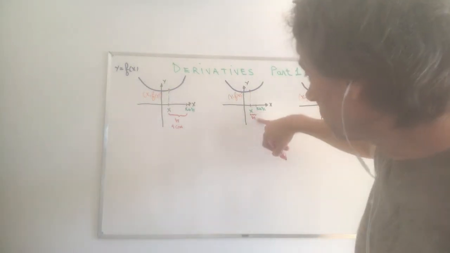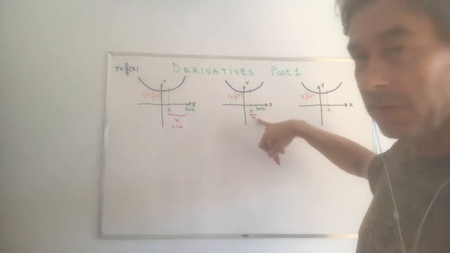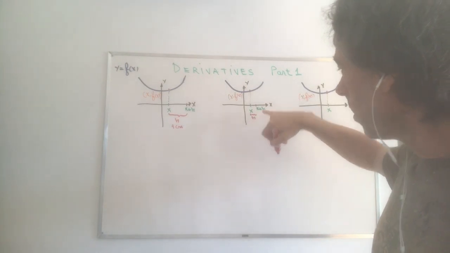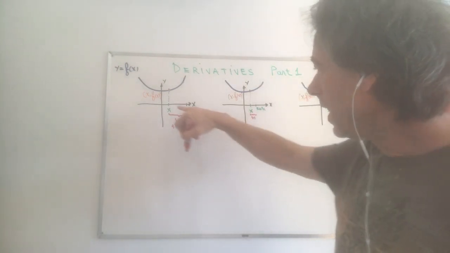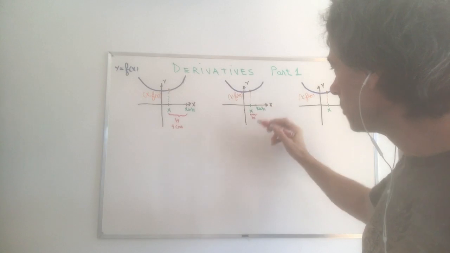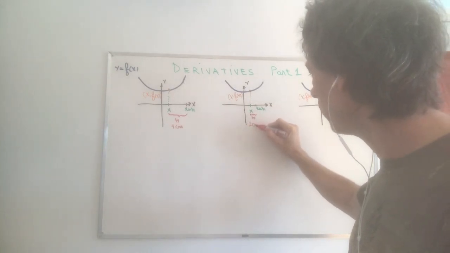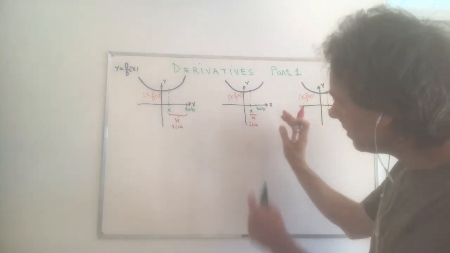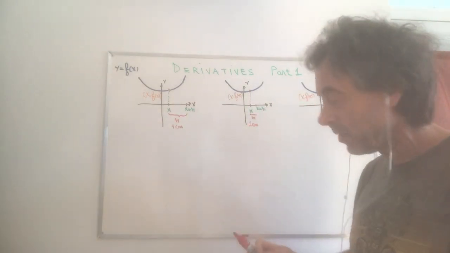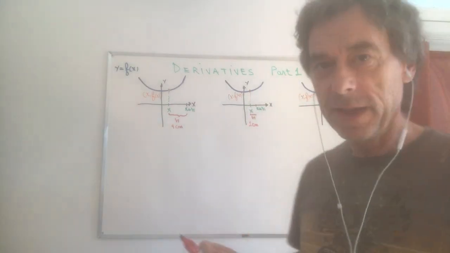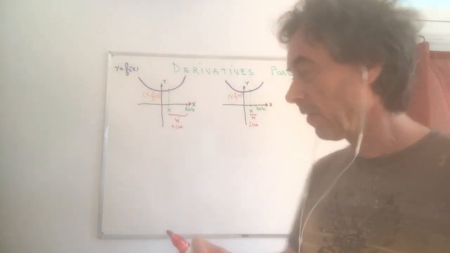But what's actually important for the concept of derivatives is this. In the second graph, the h has gone from 4 to a much smaller, maybe 1 centimeter. I'm simply taking a smaller value of h, and you can probably anticipate what I'm going to do with the third graph.